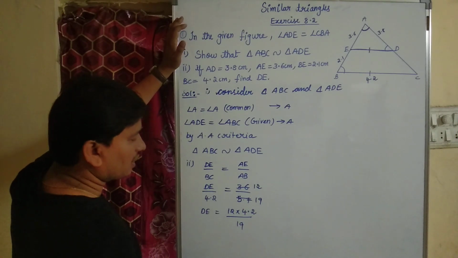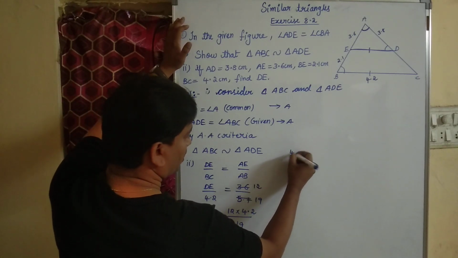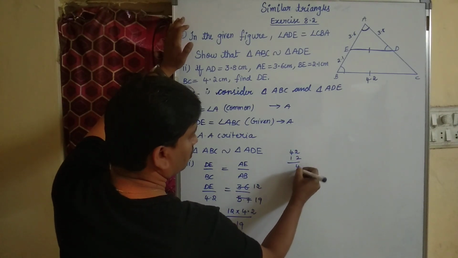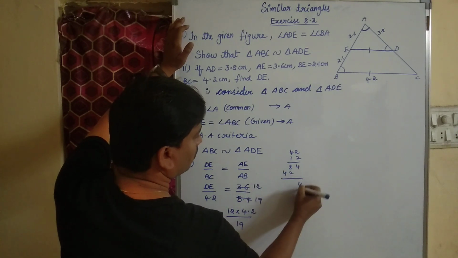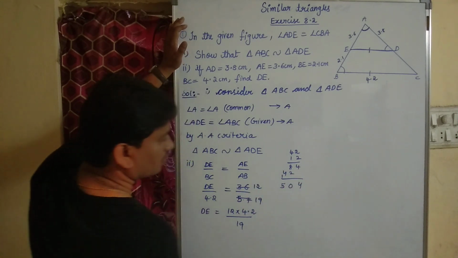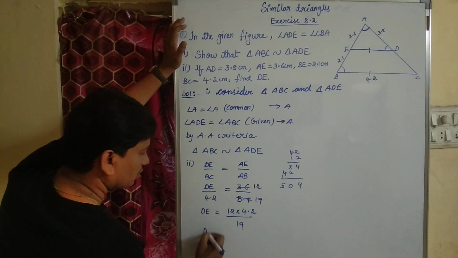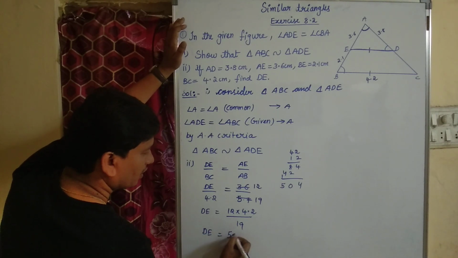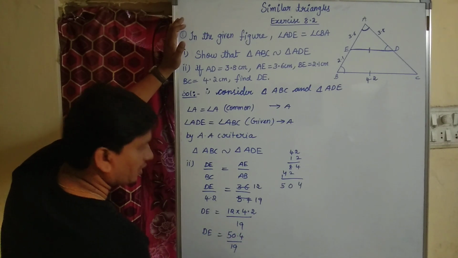So let us multiply. 42 into 12: 2 twos are 4, 2 fours are 8, 1 two is 2, 1 four is 4. That is equal to 504, so 50.4 divided by 19.